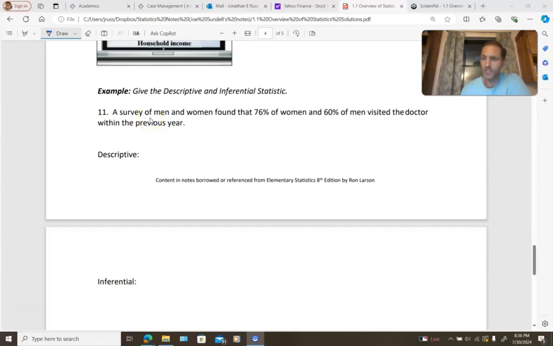So the descriptive statistics would be just those. The 76% for women, and then the 60% for men. Okay. Visited the doctor within the previous year.